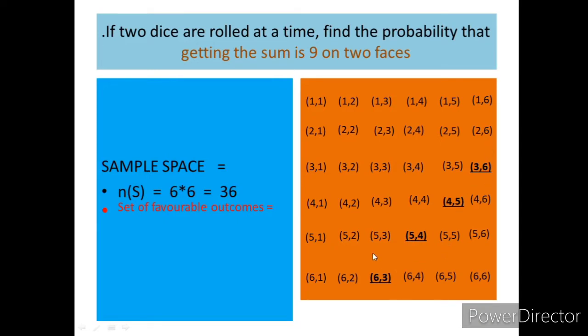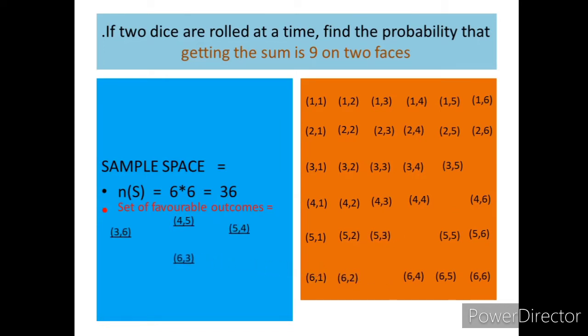Other than these four, can any outcome give a sum of 9? No, not at all. Any one of these other outcomes cannot give a sum of 9. Here also, none of these give the sum as 9. Therefore these are the only favorable outcomes. You have to write them down.